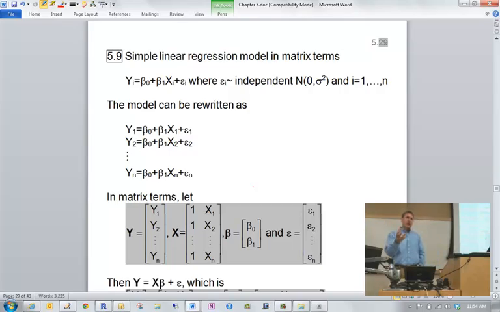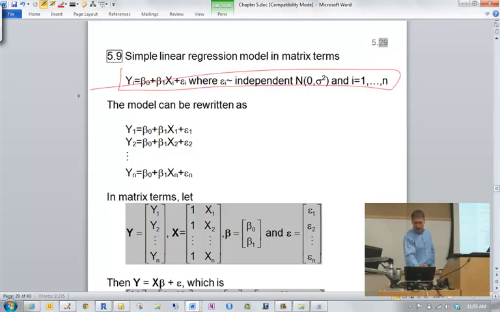Now we're going to get into the hardcore application of matrix algebra to what we're doing here with regression models. So again, here is our actual regression model. Notice how I have i indices on the y, the x, and the epsilon, and i ranges from 1 to n.